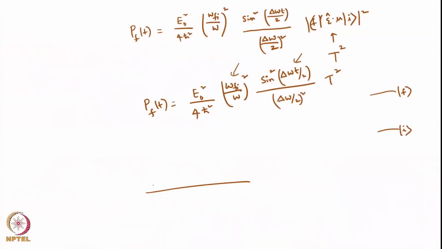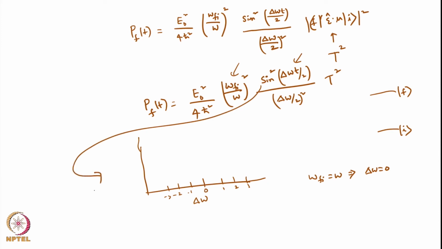And now if I plot delta omega, this is 0, that means omega Fi is equal to omega, delta omega is equal to 0, and then you can think of some units 1, 2, -1, -2, -3, and then 1, 2, 3, etc. And if I plot this function here, that is nothing but sine square del omega t by 2 whole square divided by del omega by 2, rather there is no t, I will just plot without the t.